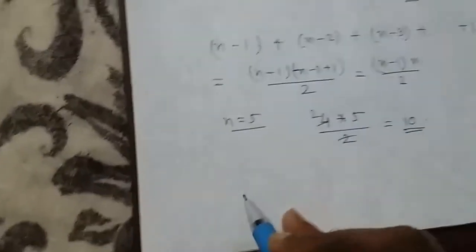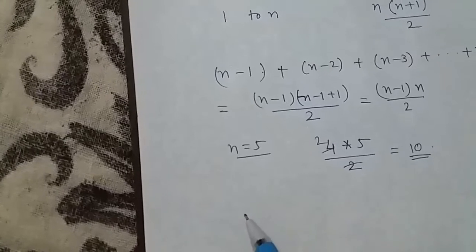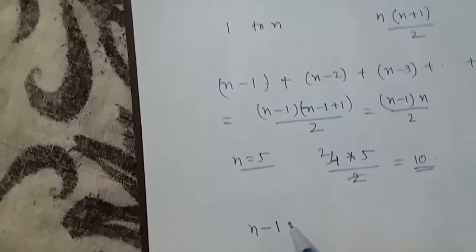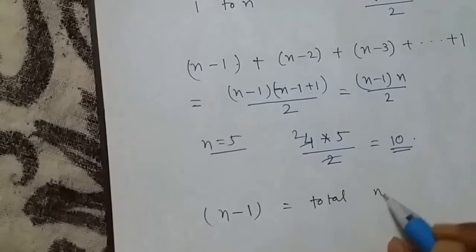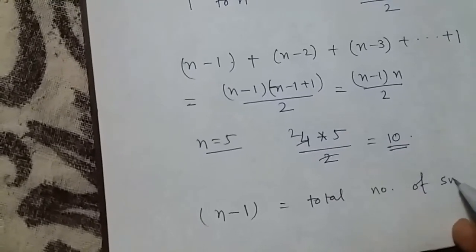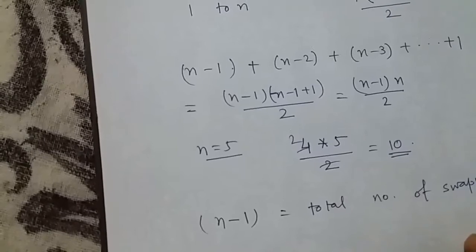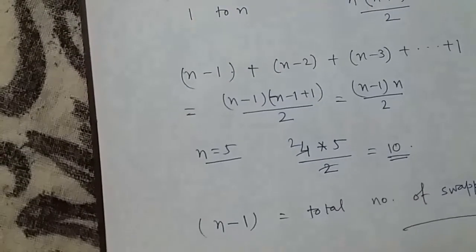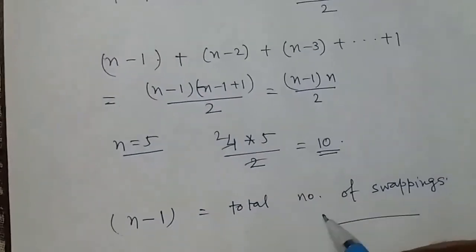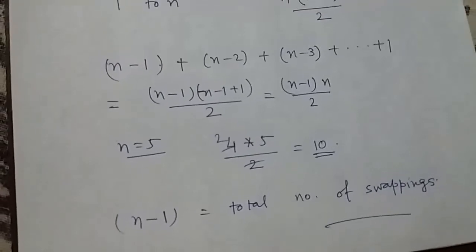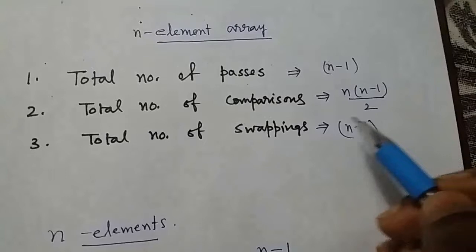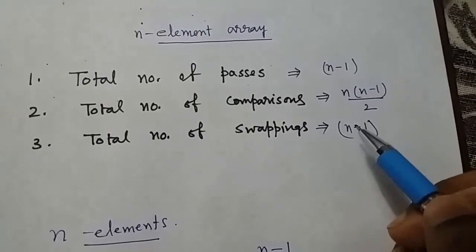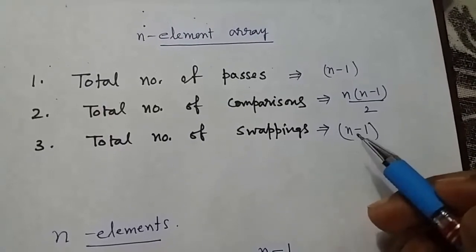So also the total number of swappings will be n minus 1. And these values will be the same for the technique of selection sort in ascending order as well as in descending order.